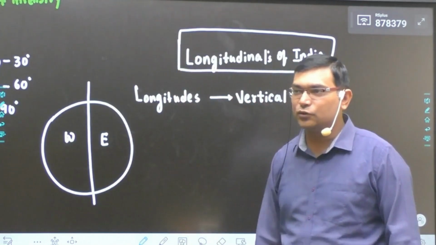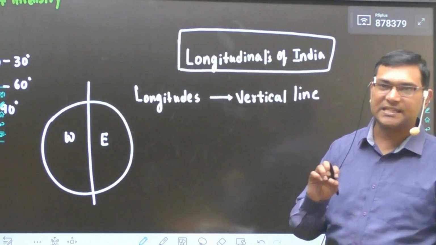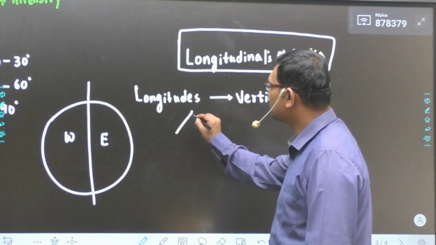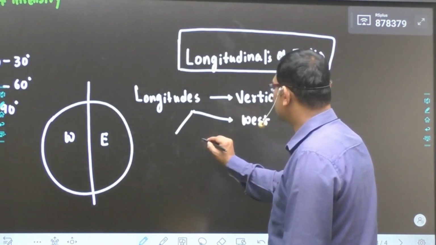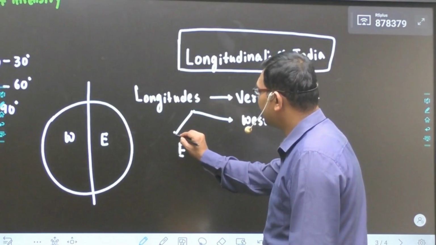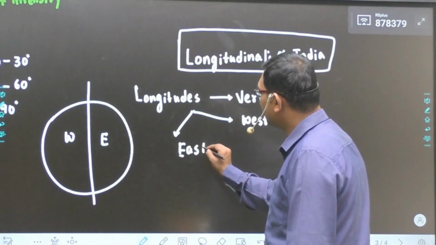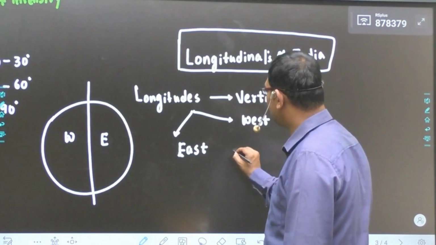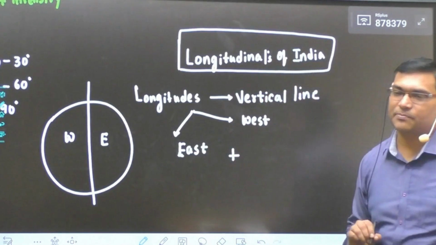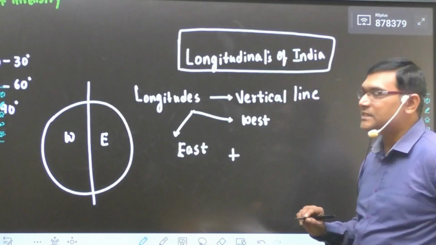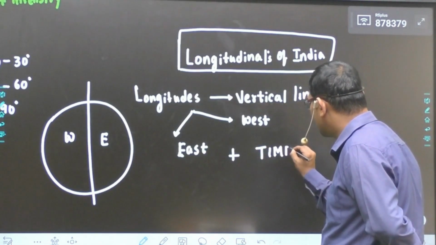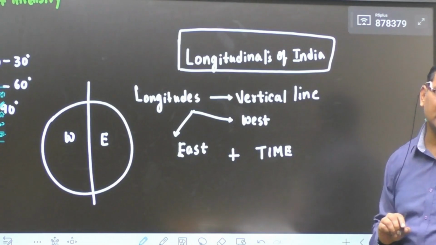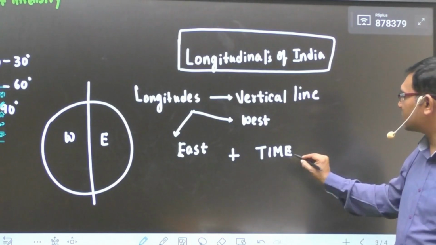So longitudes define west and east. Not only this, longitudinal aspects also tell about time, that is, time calculation also.